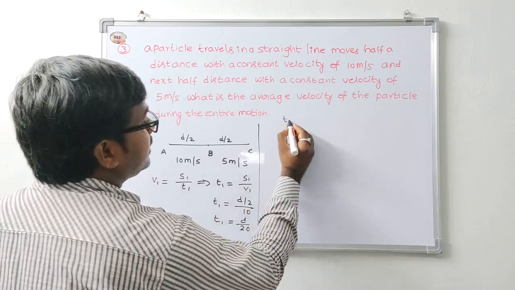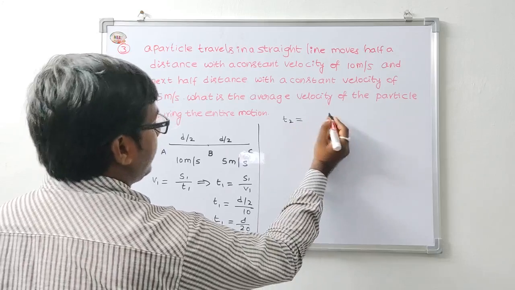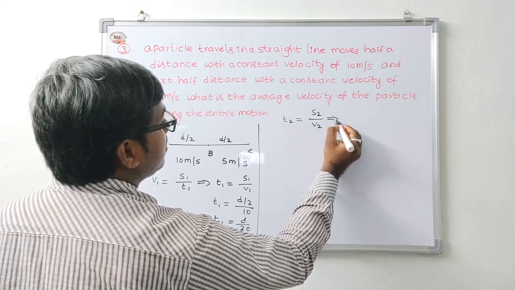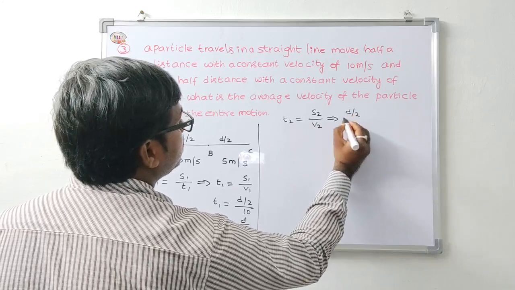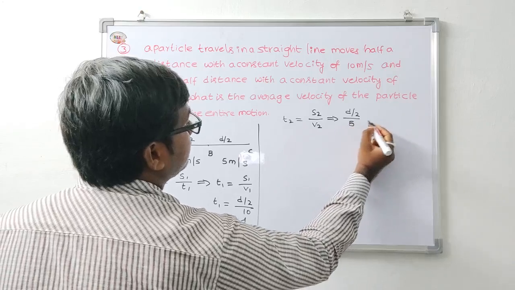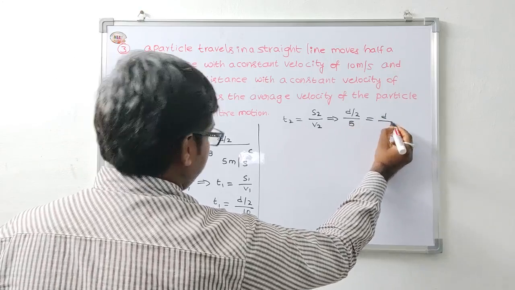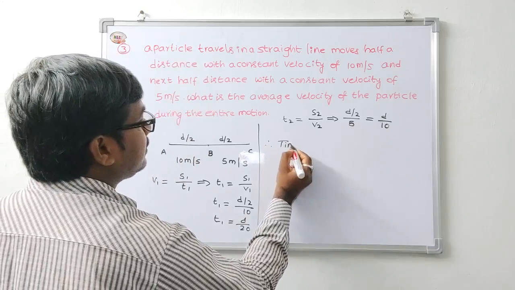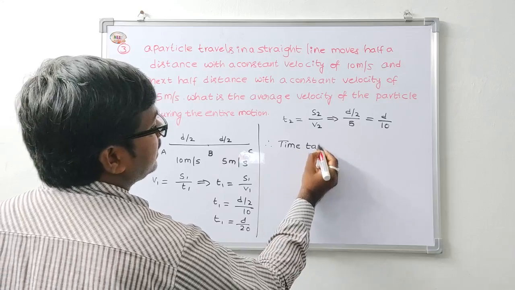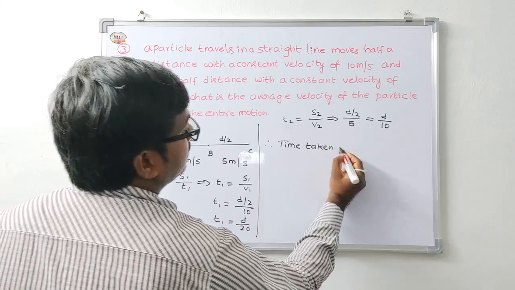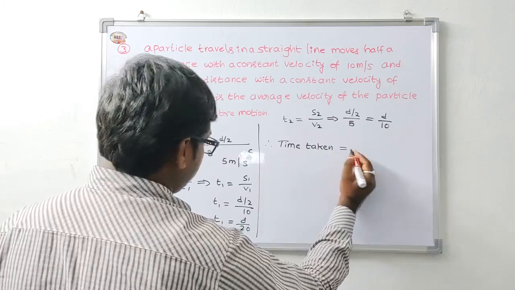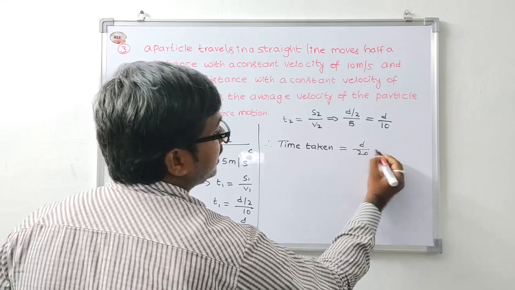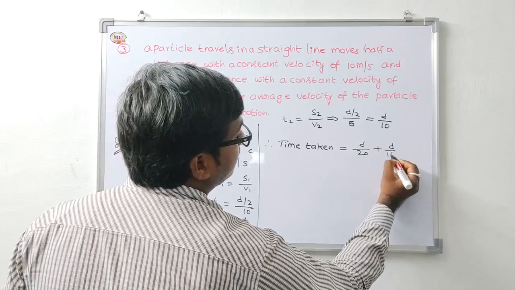Next, t2 = s2 by v2 = (d by 2) by 5 = d by 10. Therefore, the total time taken is t1 plus t2, which is d by 20 plus d by 10.